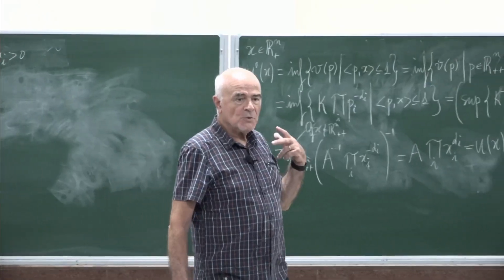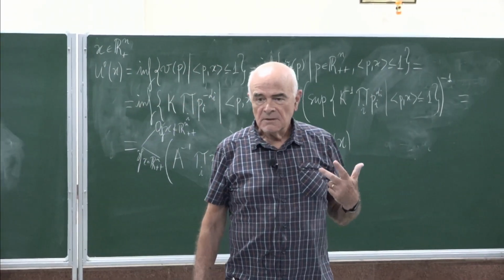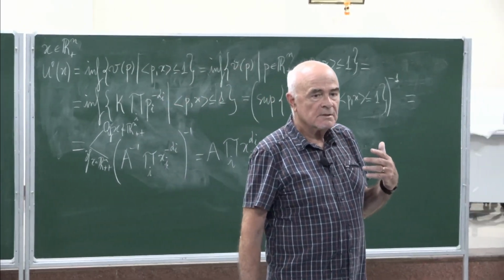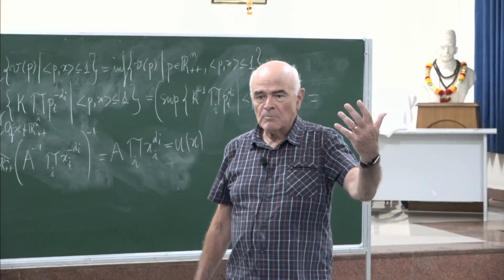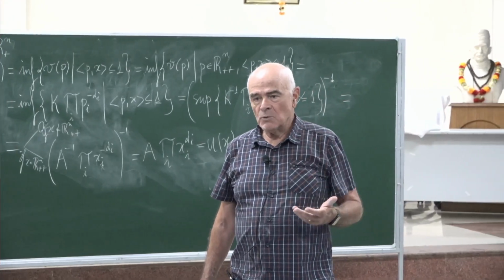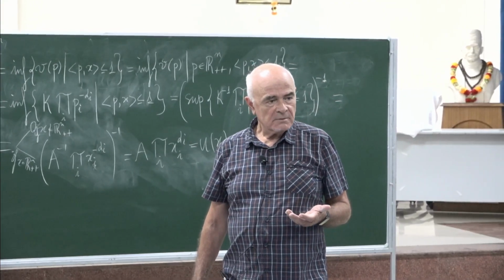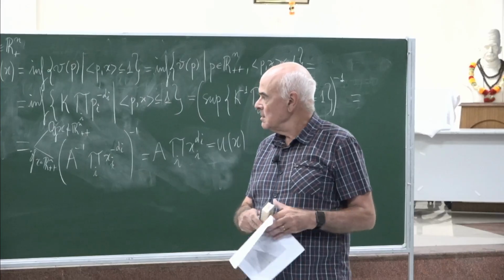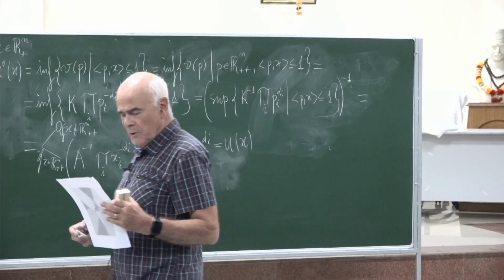And this gives you the utility. I mean, it represents your preferences, because your preference is the more food you can produce, the better off you are. So it makes sense also in consumer theory.